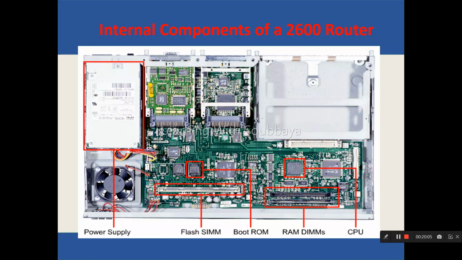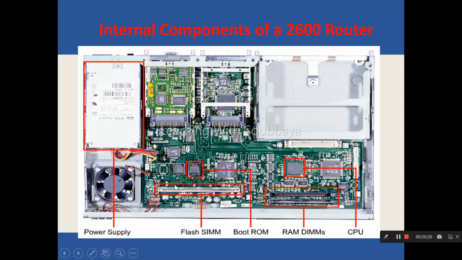Now the internal components. What are the components available inside the router? You can see here the power supply. Flash memory: this is the slot for adding the flash memory.